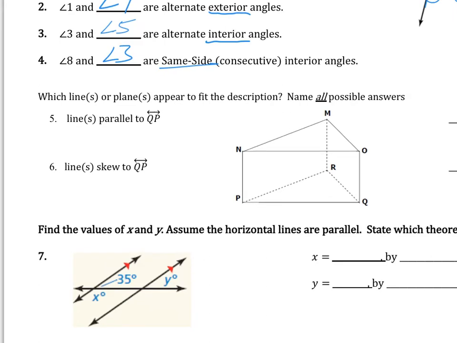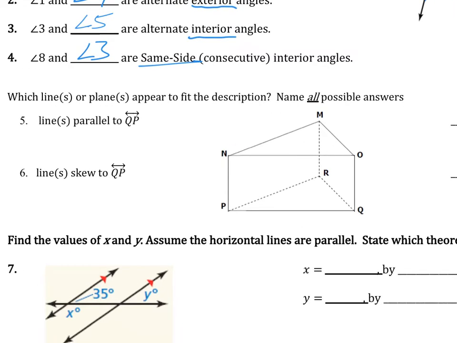All right, then we also talked about parallel lines, perpendicular lines, skew lines, and also parallel planes. So here we have a drawing, and QP is the line that goes through there, right? Okay, so we want to find some parallel lines. All of the parallel lines, well, how about NO?